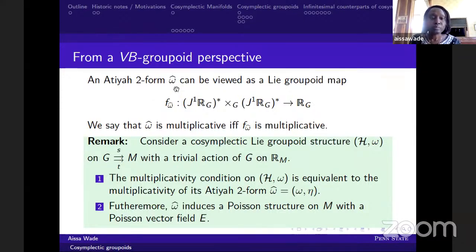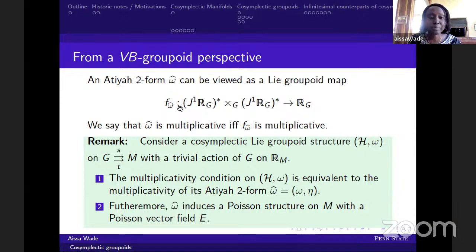So remember that the Atiyah two form is composed by a pair of a differential two form and a one form. So I can view it as a map that takes an element of this fiber product and sends it to R pointwise.